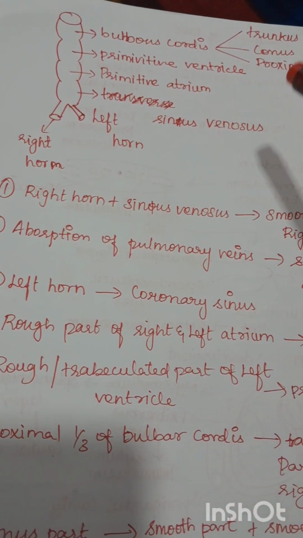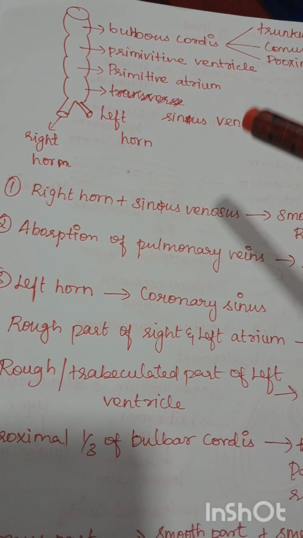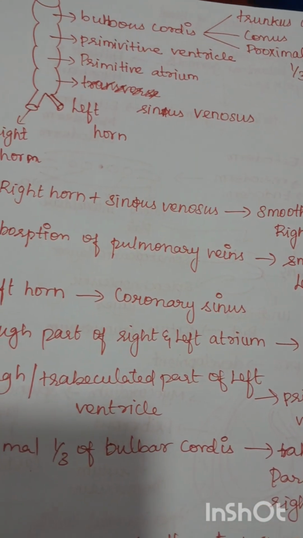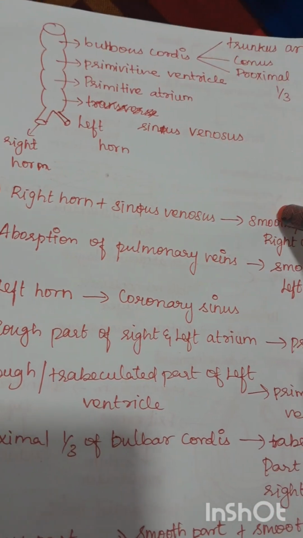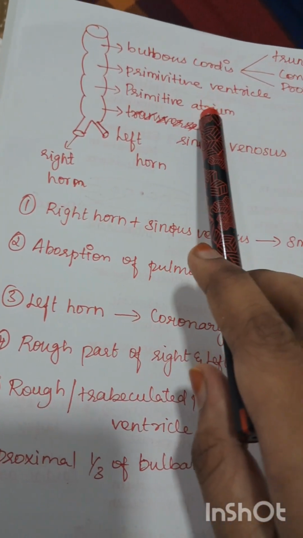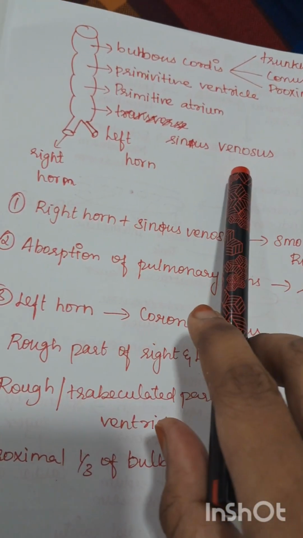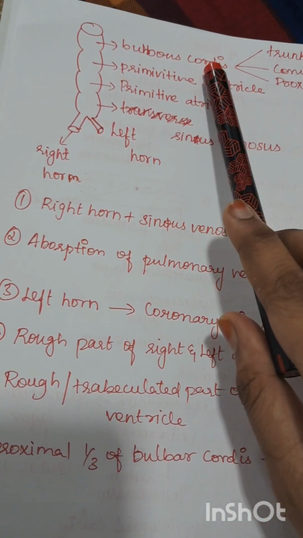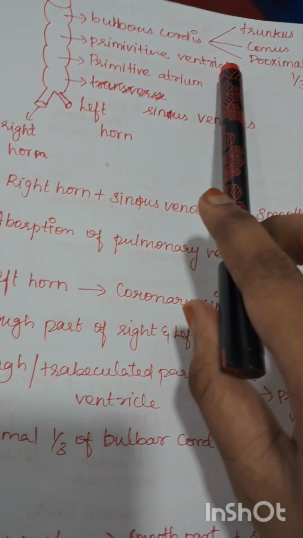The right atrium, left atrium, left ventricle and right ventricle are formed from the heart tube. We know that the primitive atrium and sinus venosus form the atrium. The primitive ventricle and bulbus cordis form the ventricle.